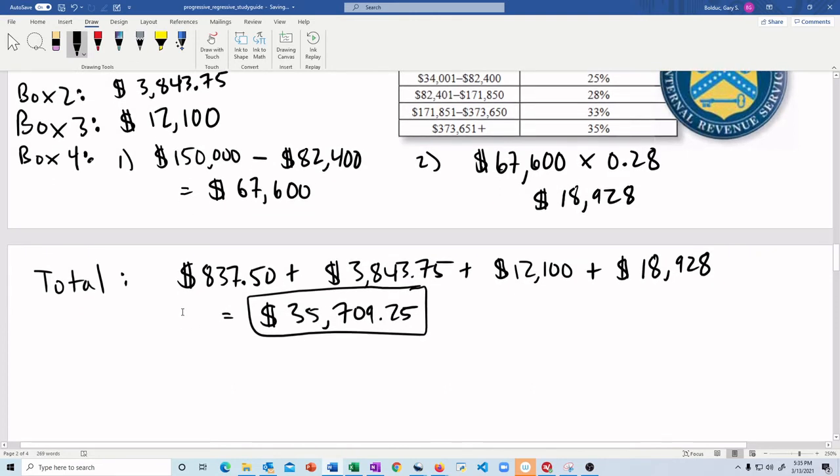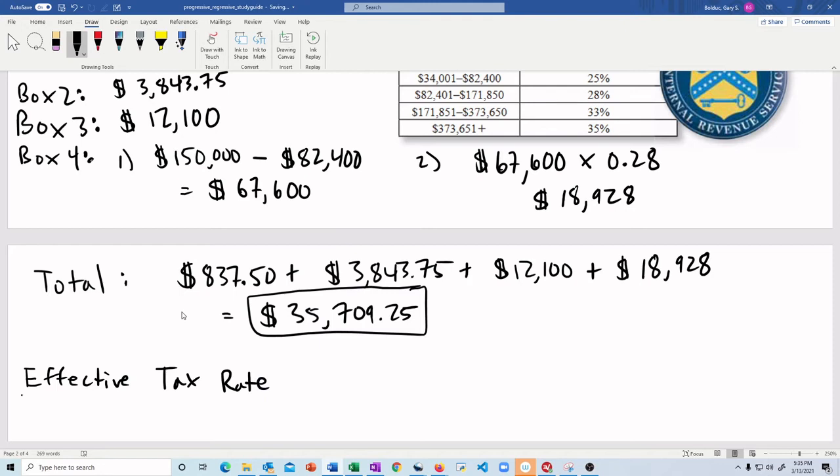I did want to just show you what's happening here. We can still apply the same idea of the effective tax rate. What am I really paying here in terms of my original income?